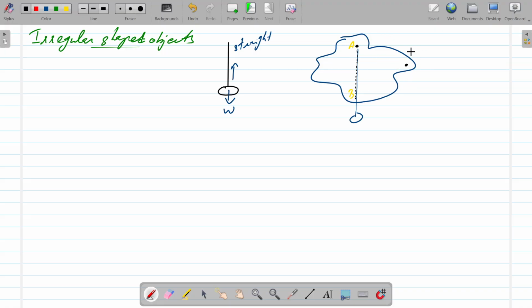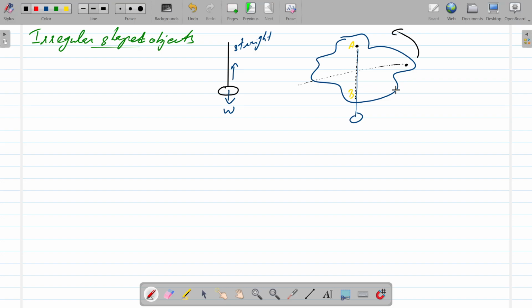You obviously rotate it, you hang it, and it's going to be in a different position. You use the plumb line again, and you draw a line, and you can repeat this two or three times.